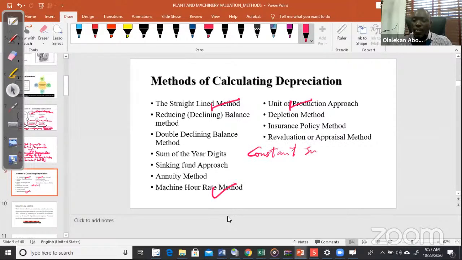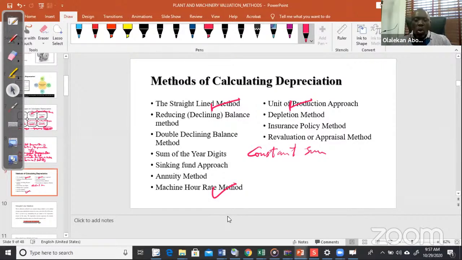Constant sum method, or fixed sum method. Why? Because they charge the same amount, either yearly, or per unit of production, or per hour of usage.